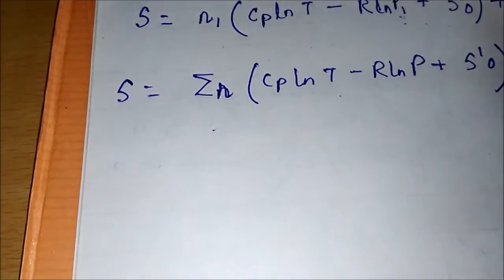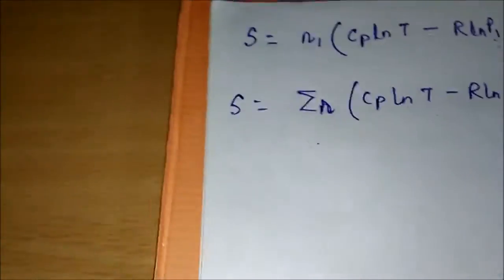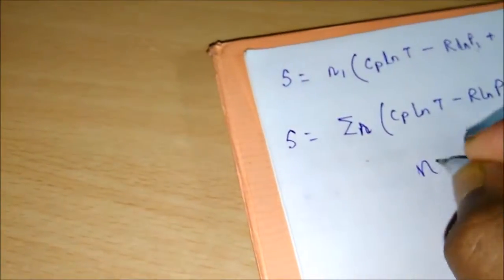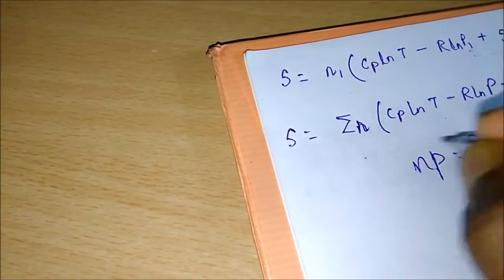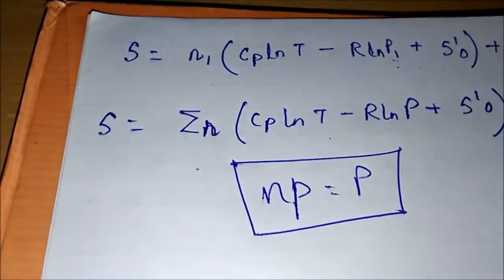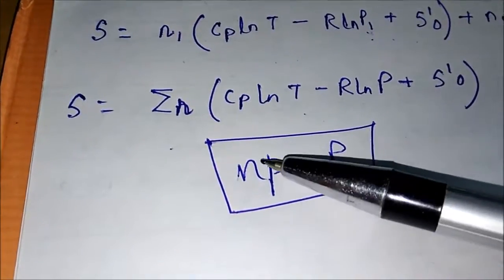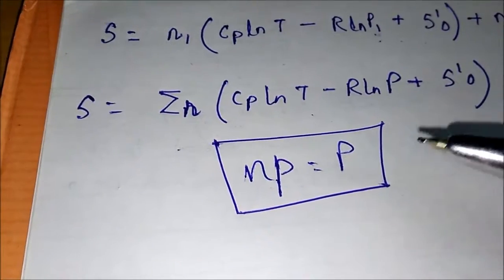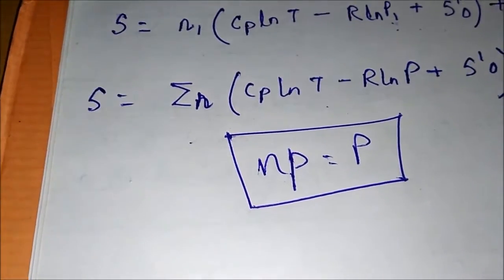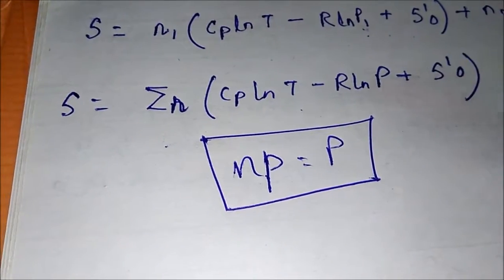Now the partial pressure of N moles of ideal gas is given by this equation. This is called Dalton's law of partial pressure. That is, the partial pressure of each gas, multiplied by its mole fraction, summed up, gives you the total pressure. We will use this idea in this equation and then continue.